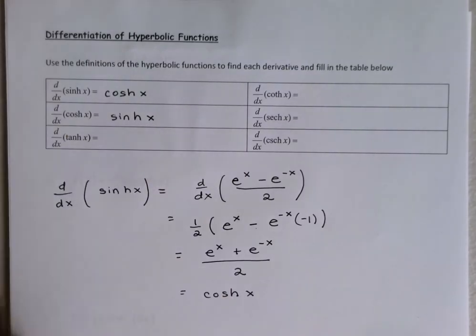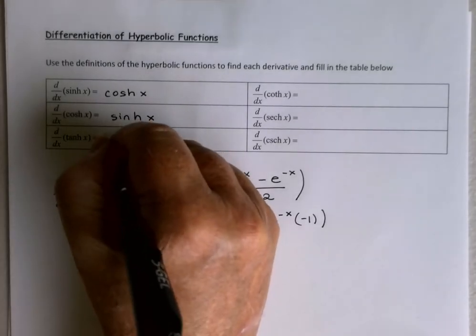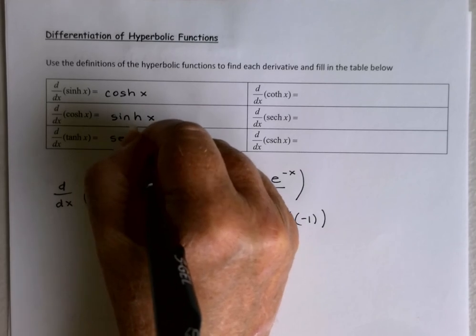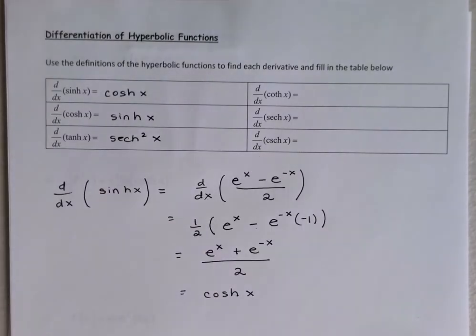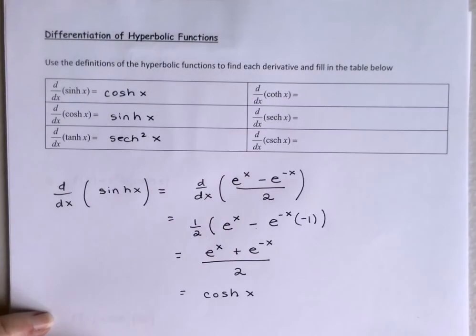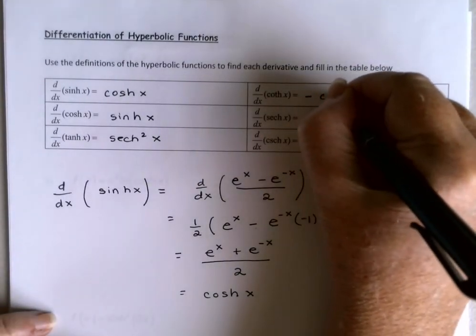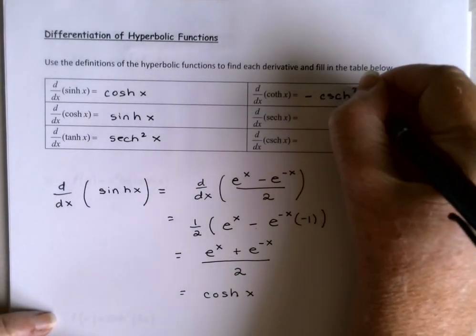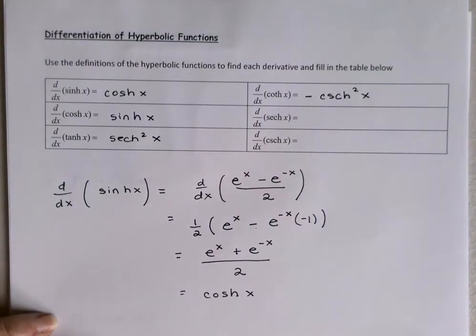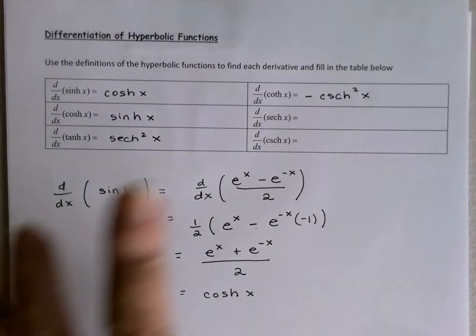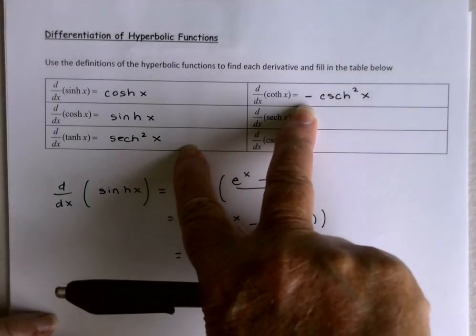Derivative of the hyperbolic tangent is hyperbolic secant squared x. Again, very similar to the trig version. And the derivative of hyperbolic cotangent, rather, is negative hyperbolic cosecant squared x. Those two look almost identical to their trig versions.